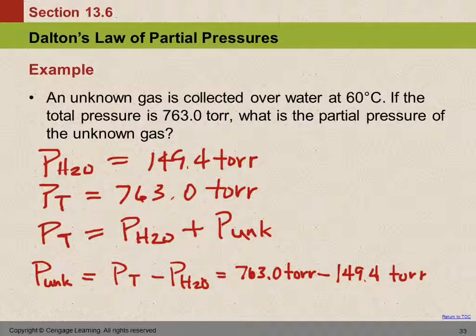Anybody have a gun? We could just shoot it. No, you shouldn't have a gun because it's not a good idea to bring guns on campus. That's really a bad idea. Maybe we could find a hammer. 613.6 torr. Melt it with the Bunsen burner. Yeah, maybe we could melt it with our minds.